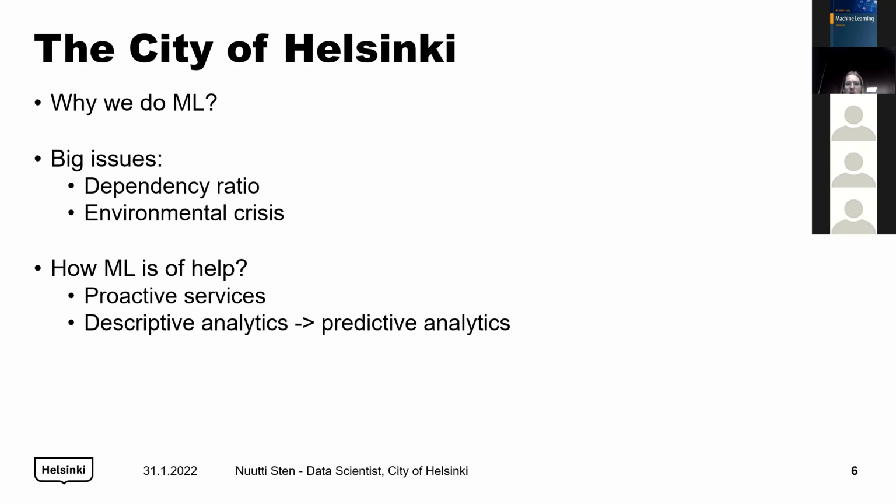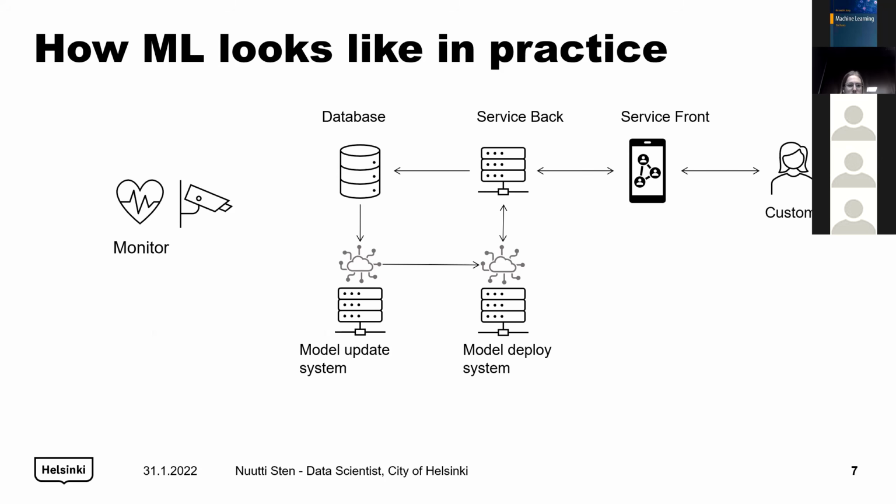A typical machine learning system in practice would look something like this. We have a service which consists of a customer. This might be a professional who's using a very smart tool, or it might be an end customer, like someone visiting a healthcare center or hospital.